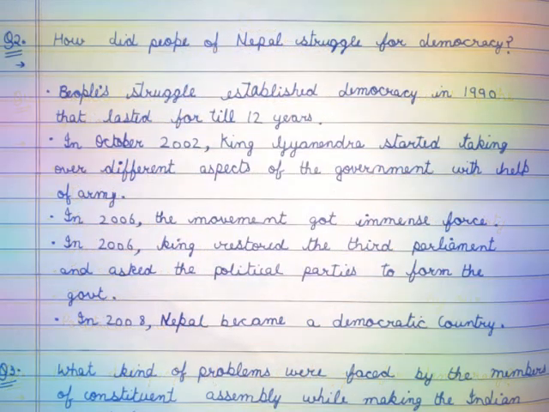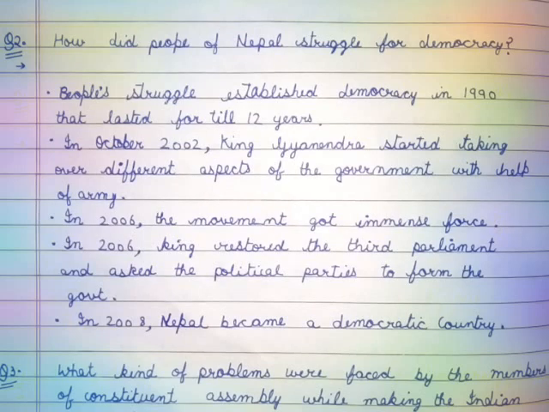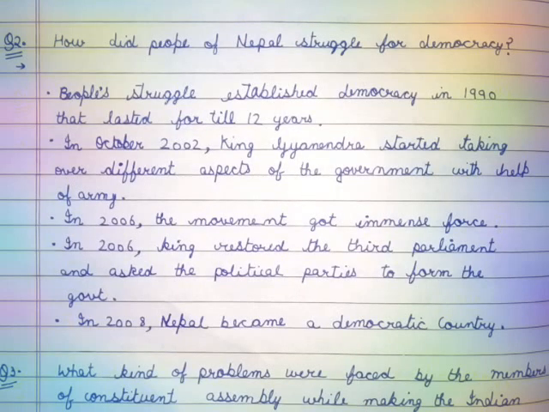Question number 2. How did the people of Nepal struggle for democracy? Answer: People struggled and established democracy in 1990 that lasted for 12 years. In October 2002, King Gyanendra started taking over different aspects of the government with the help of the army.